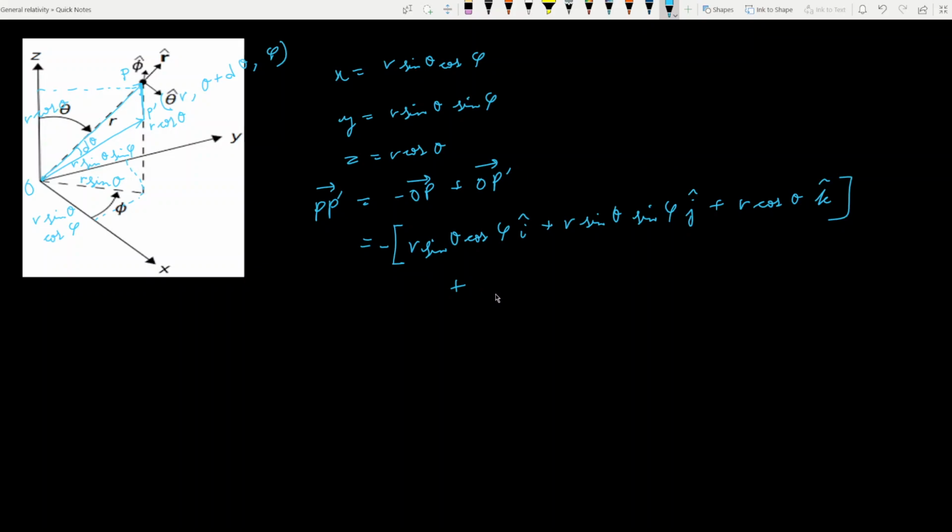Now the OP primed vector would be the same, but in place of theta we would just put theta plus d theta, right?